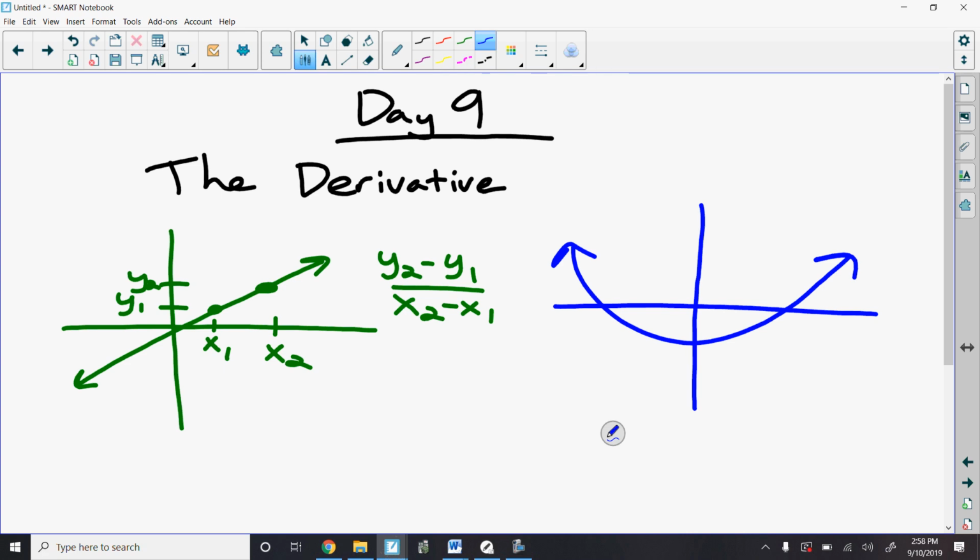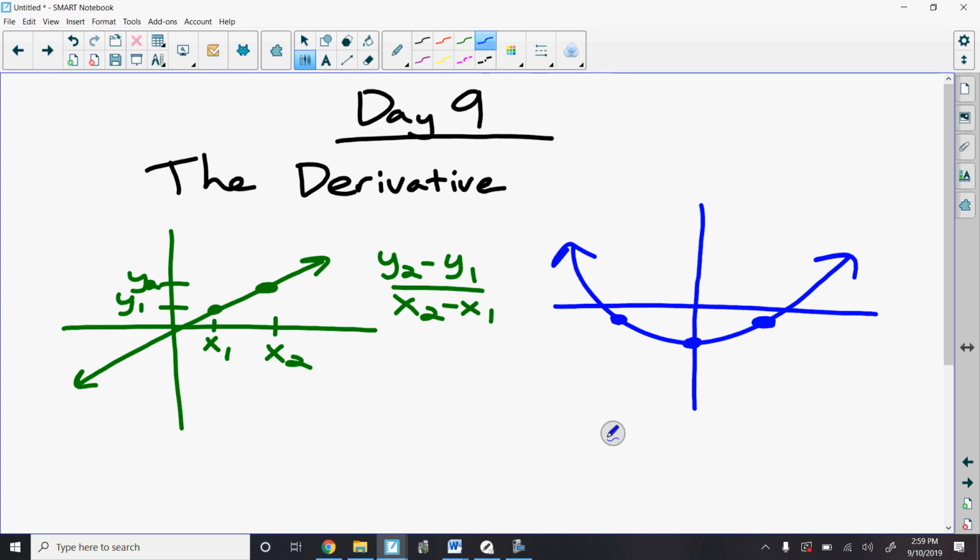Well, it's not the same as a line, right? And you can think of it as, well, at this point right here, it appears that we have a negative slope. At this point on the right here, it looks like we have a positive slope. This point right here, it looks like our slope is 0.